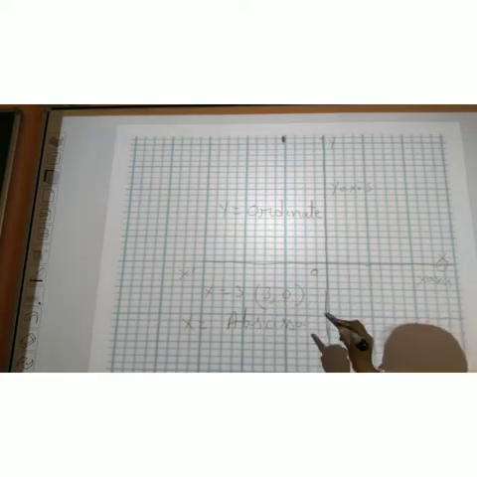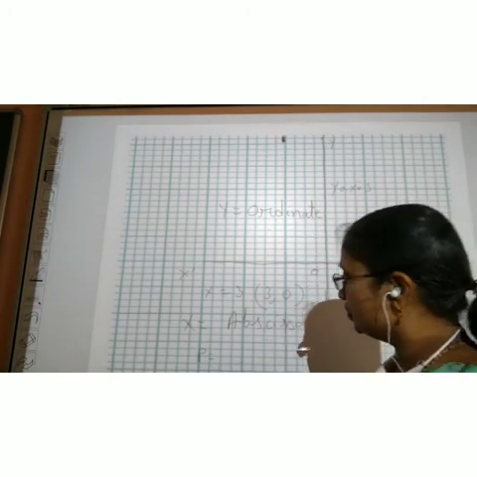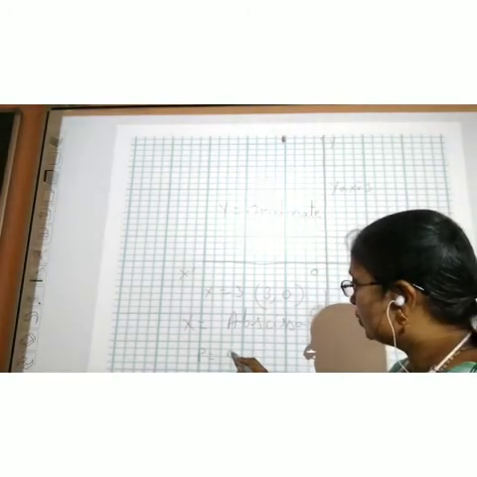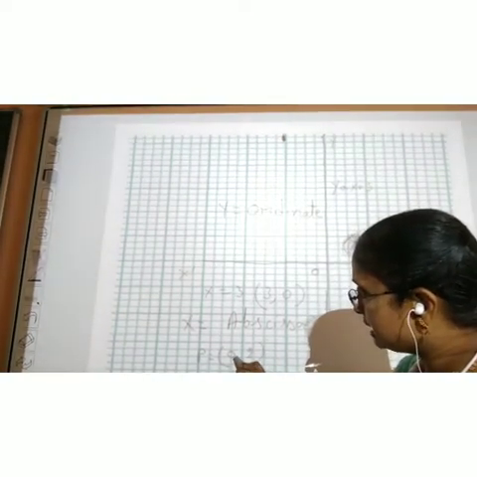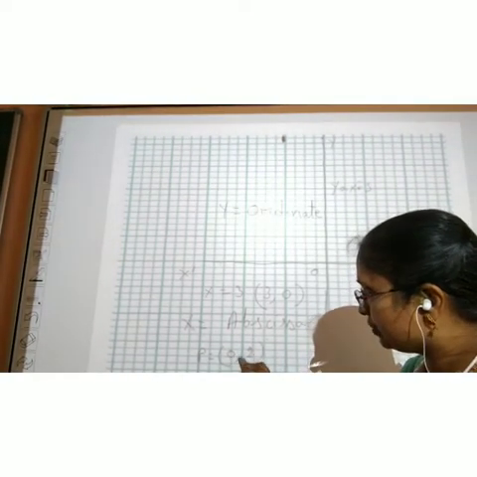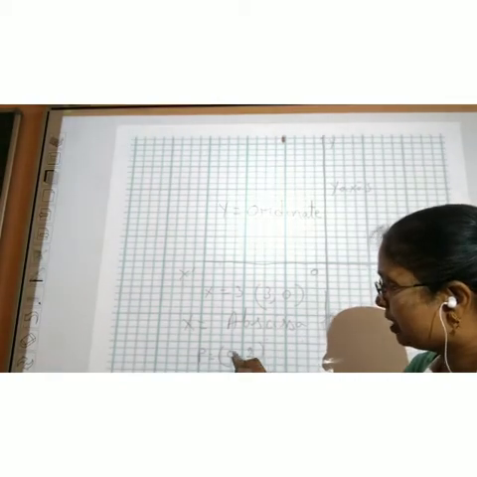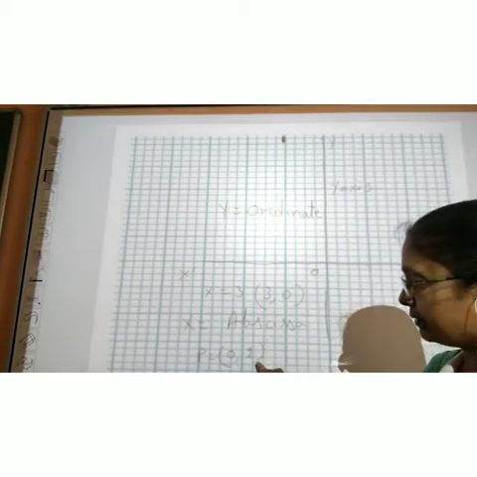Another example, if the abscissa is 0: if it is given P is equal to (0, 2), it means the abscissa value is 0 and the ordinate value is 2, so the x value is 0 and the y value is 2.